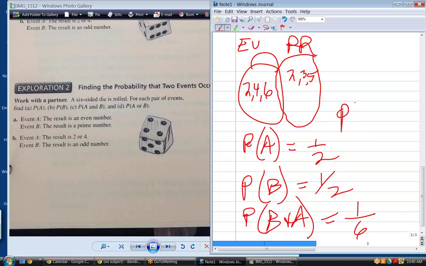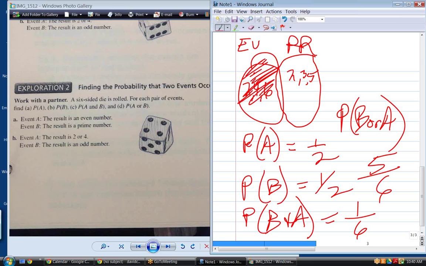And then the probability of B or A. That's 5 out of 6. The probability of B or A is the numbers that occupy this area of your Venn diagram and this area, or the total of the 2 sets minus the overlap.